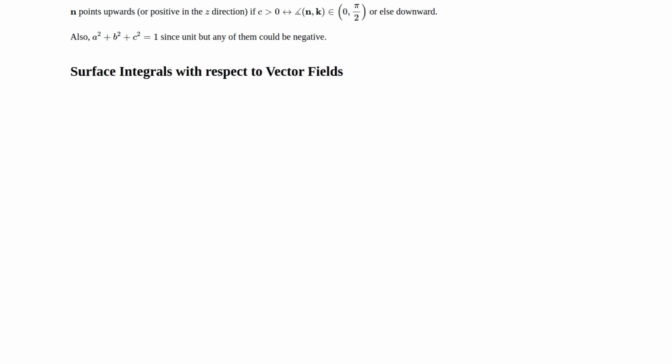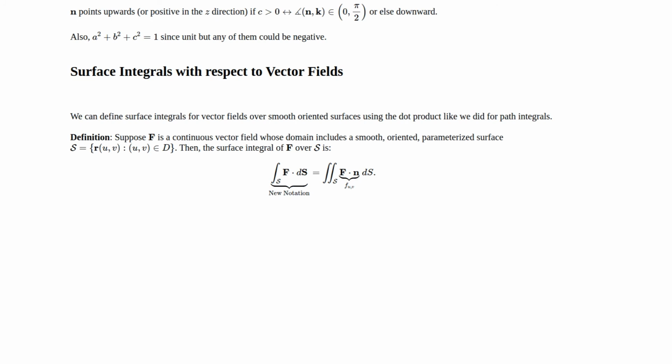We're now in a position to define the surface integral with respect to vector fields. We define the surface integral for vector fields over smooth oriented surfaces using the dot product, just like we did for path integrals. And we do it by converting the vector field integral back to the regular function integral using this dot product. So suppose that F is a continuous vector field whose domain includes a smooth oriented parameterized surface S, which is parameterized by this function r.